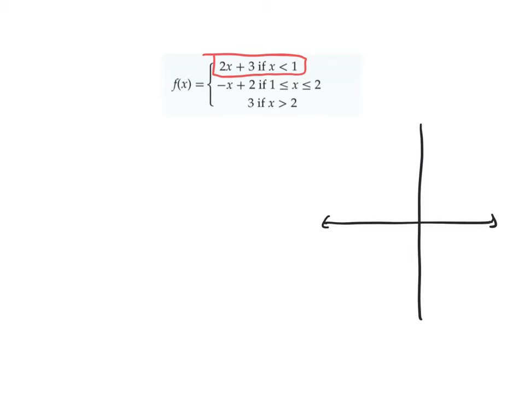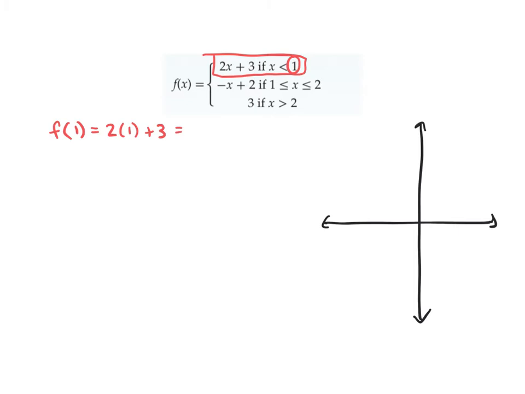Okay, here we have 3 pieces of our function. So let's start with our first. So we have 2x plus 3 if x is less than 1. What are we going to plug in here? The 1. We plug in what it gives us. So we have 2 times 1 plus 3.